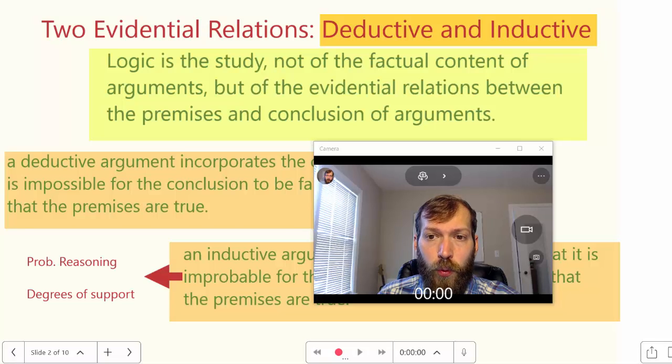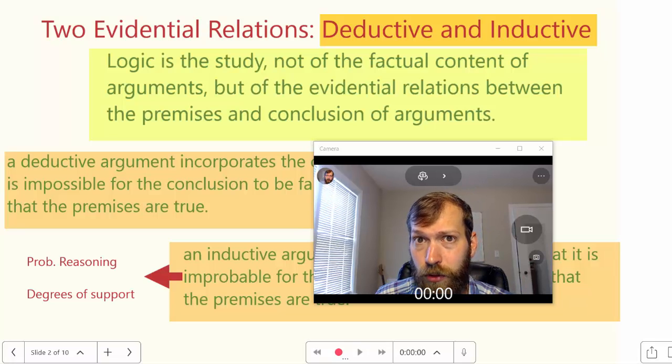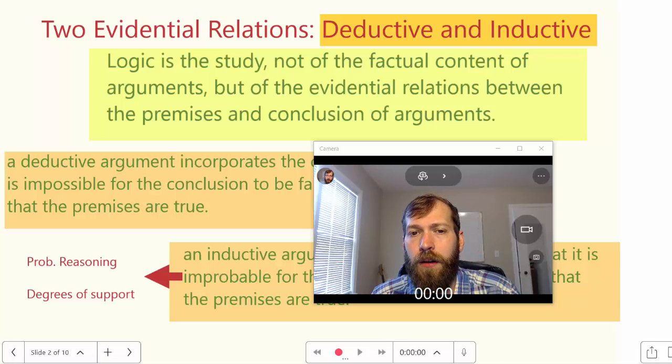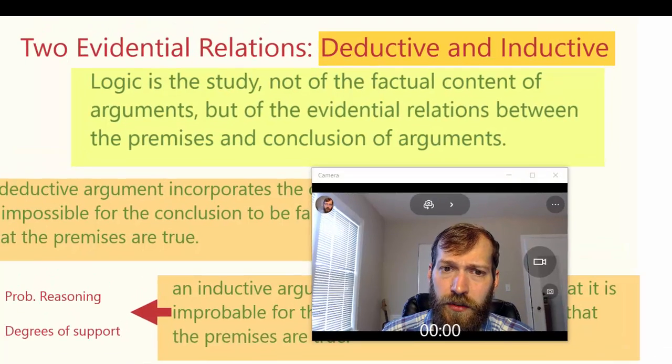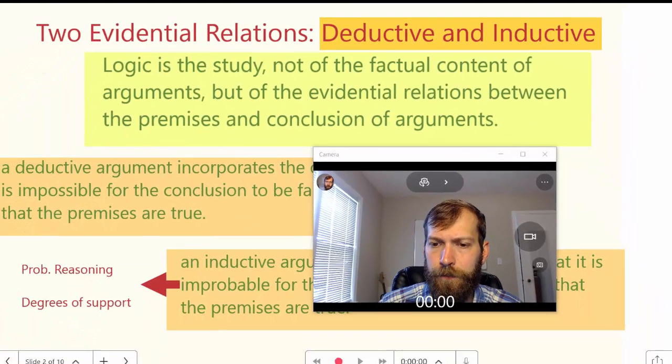Instead, we're worried about what kind of relationship exists between the evidence being offered and the conclusion that we're being told follows from that evidence. That is, we're really interested in whether that conclusion does follow from the premises or the evidence. So again, logic is the study not of the factual content of the arguments, but of the evidential relations between the premises and conclusion of arguments.